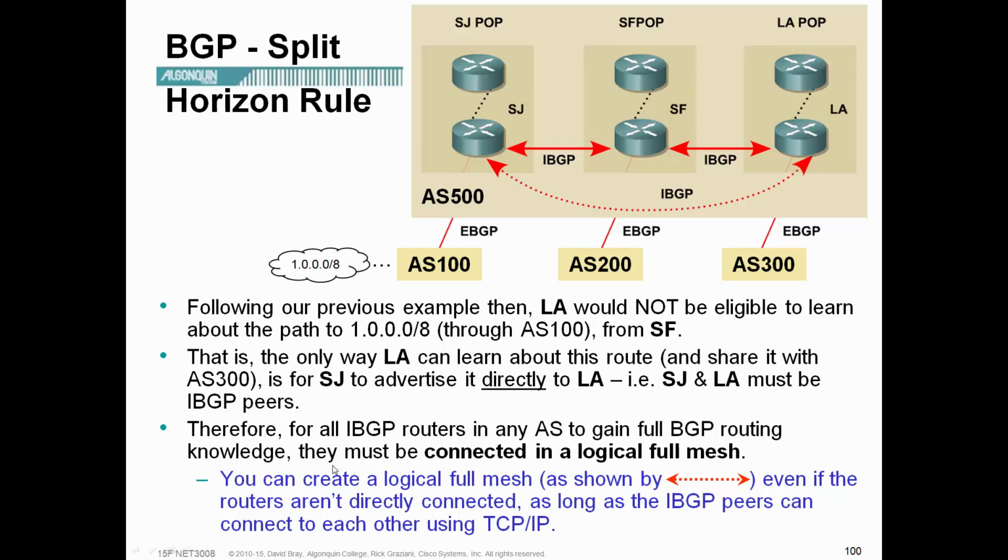Therefore, in general, for all the internal BGP routers in any AS to gain full BGP routing knowledge, they must all be connected together in a logical full mesh. Here in purple, we're reminding you that you can get the full mesh even if you're not directly connected, because iBGP peers only need to be connected via a TCP connection.